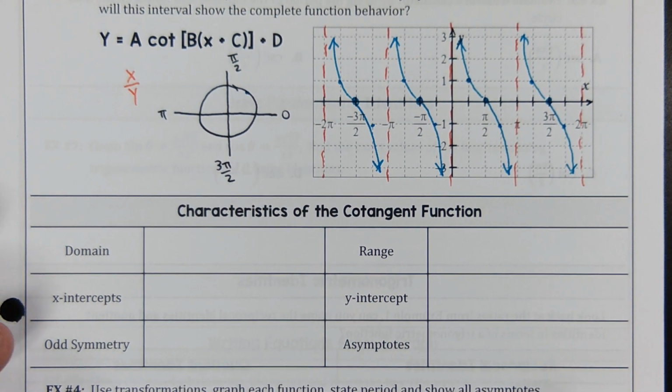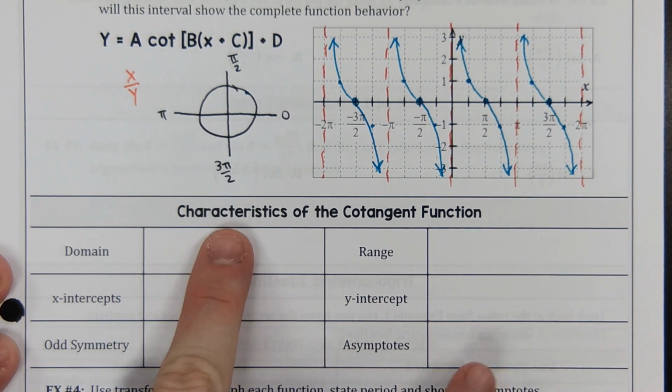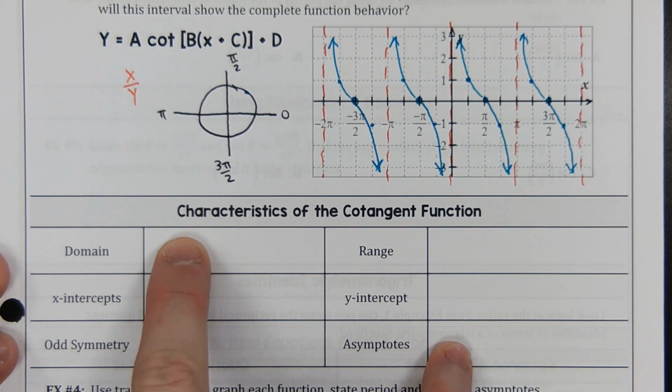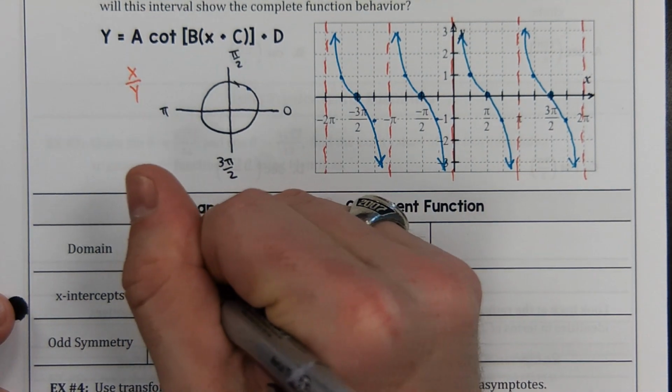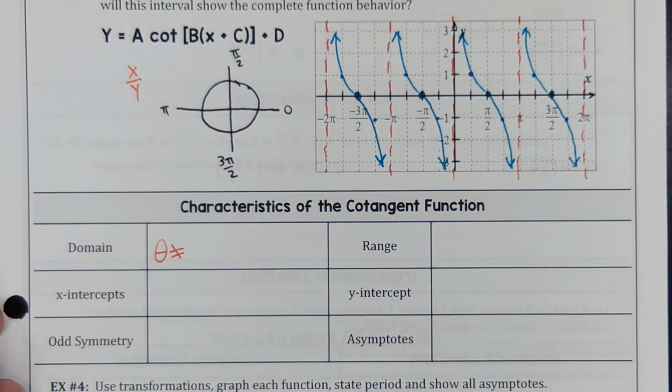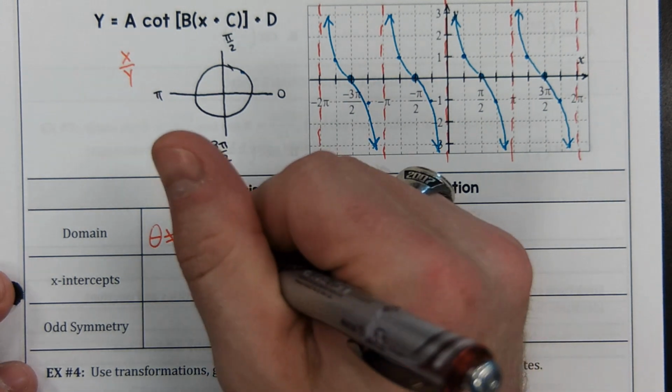Domain then, well, you could see everything it can't be. So I'm going to do domain and asymptotes at the same time. The domain is angle x. You know, we could say theta if you want to. Okay. Domain is theta better not be equal to whole numbers of pi.